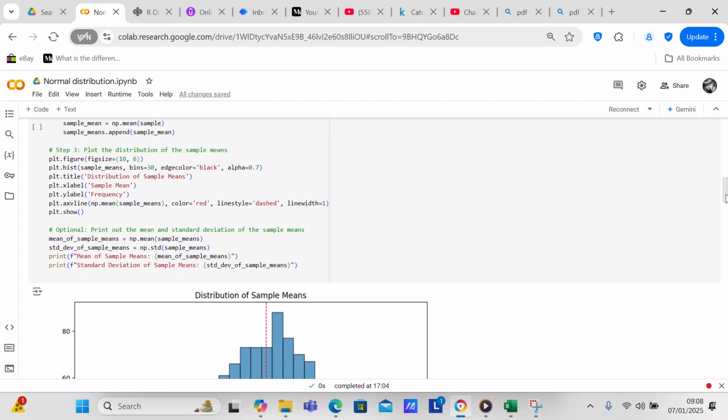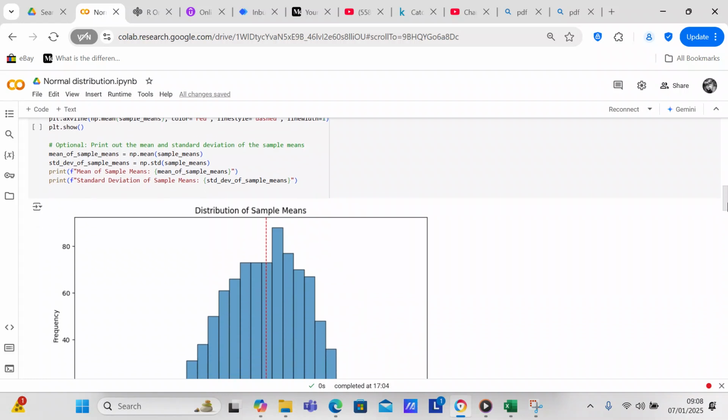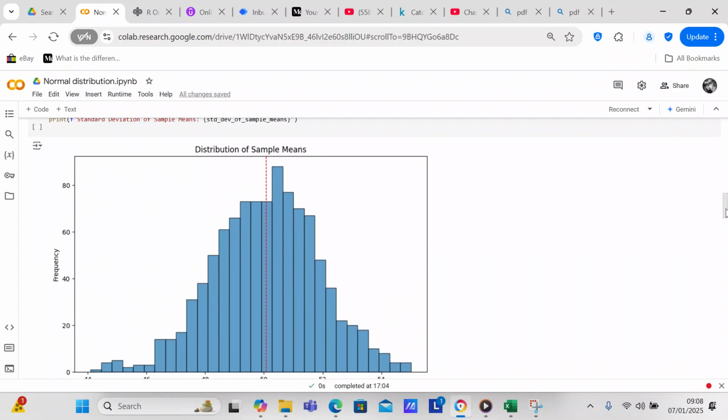plt.axvline(np.mean(sample_means), color='red', linestyle='dash', linewidth=1), plt.show(). So basically this is the normal distribution that was created.